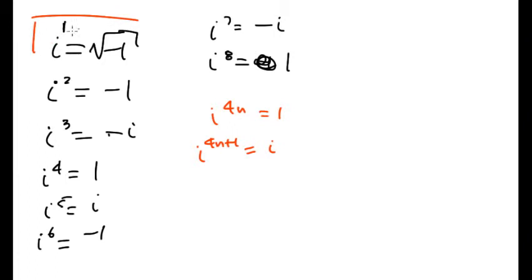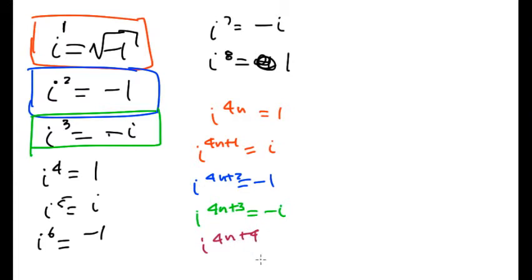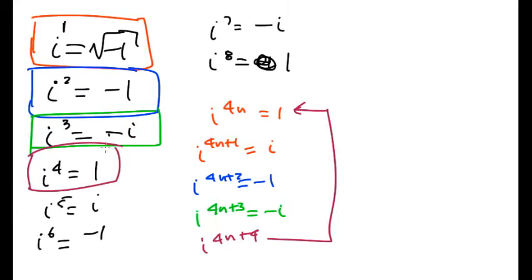That's the same thing as one of these things here. i to the 4n plus 2 is equal to -1, and that's equal to this thing right here. i to the 4n plus 3 is equal to negative i, this thing right here. i to the 4n plus 4 then just rebounds back to 1, which is this. So those are powers of i.